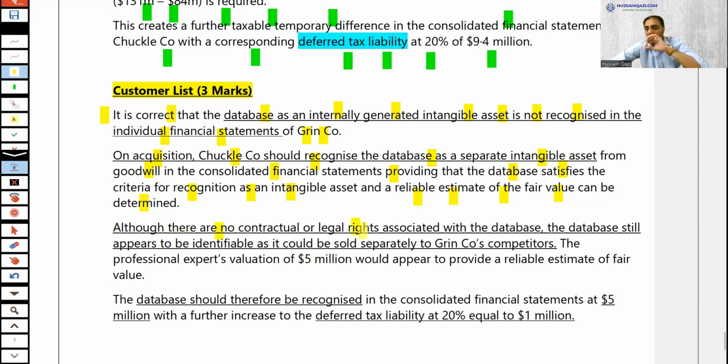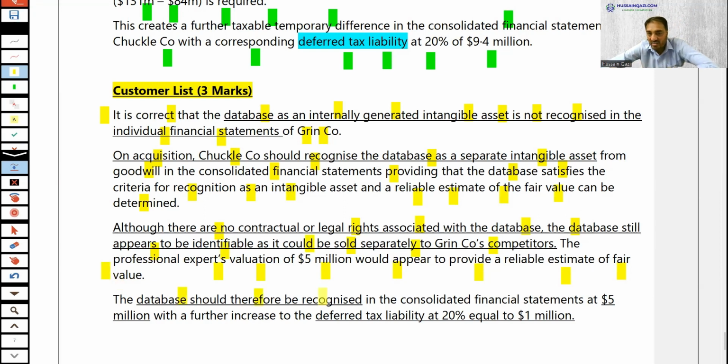The criteria for recognition as an intangible are met, and a reliable estimate of fair value can be determined. Although there are no contractual legal rights associated with the database, it still appears identifiable because the value is determinable, as it could be sold separately to competitors. The professional expert valuation means a reliable measurement. 5 million would appear to provide a reliable estimate of fair value.